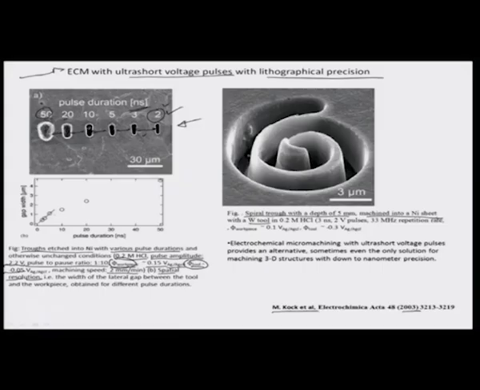You can see the width of the spiral is close to about 1 or 1.5 microns, and the depth is 5 millimeters, which is a very high aspect ratio compared to all the machining demonstrated so far. Okay, so, they use a 3 nanosecond 2 volt pulse, and their repetition rate, or pulsing frequency, is close to 33 megahertz.